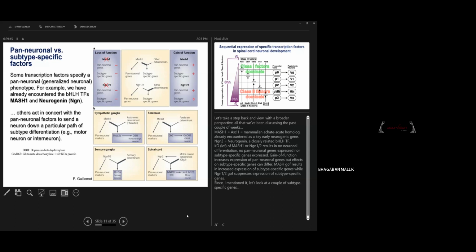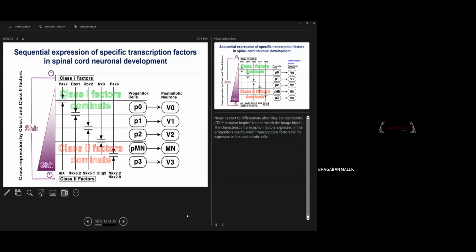The thing I want to highlight is that diverse cell types are generated because of expression of different transcription factors, and that can happen because of interaction among the genes. So that is what I want to highlight from the previous slide.